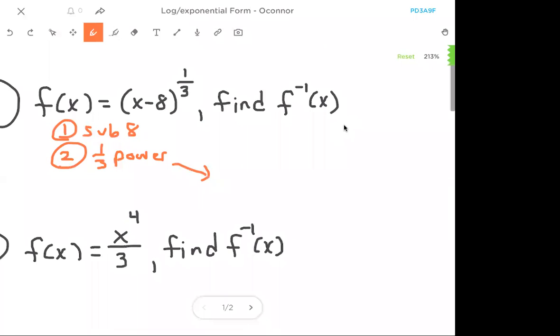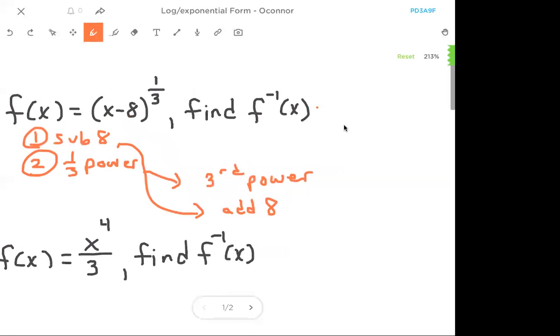I'm going to go to the third power, and then I have to undo subtracting 8, and that's going to be to add 8. So I'm going to take my x to the third power and then add 8. So that would be our inverse.